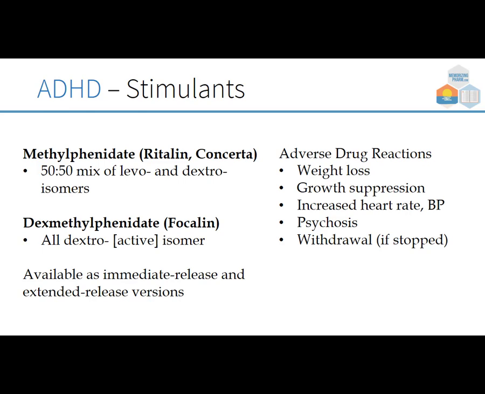One that's not on here is insomnia. That can happen if we give it too late in the day, and we'll talk about that in the next slide. But adverse drug reactions, we can expect weight loss, maybe growth suppression, increased heart rate and blood pressure, psychosis, which looks very much like schizophrenia, and then if stopped abruptly, possibly withdrawal.